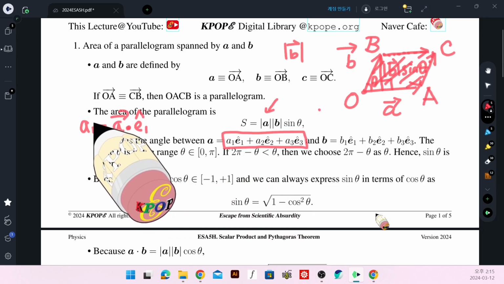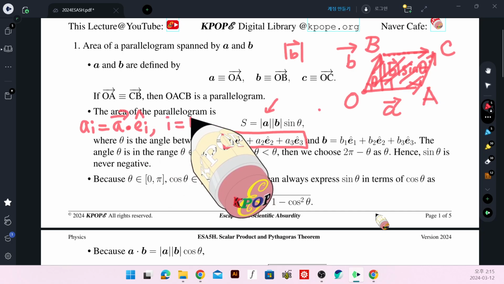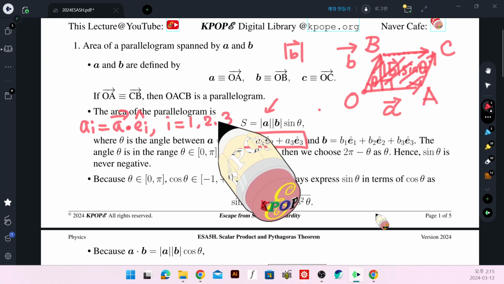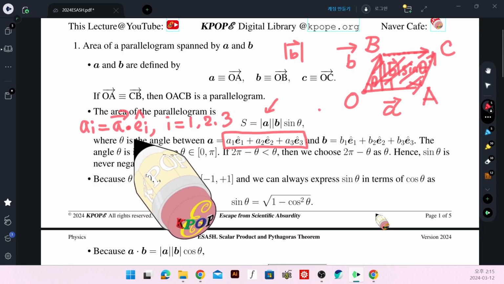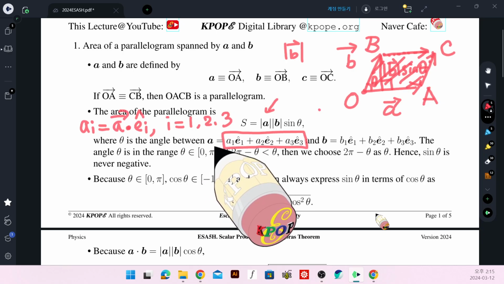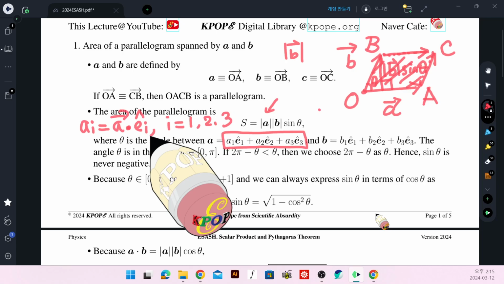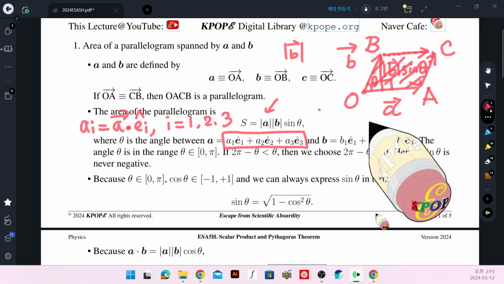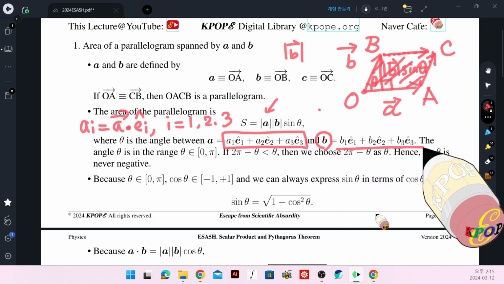So in this manner, 1, 1, 2, 2, and 3, 3. So for i equals 1, 2, and 3, any Cartesian component can be expressed as a scalar product between this vector A and the unit Cartesian basis vector. In a similar manner, I can express the vector B in this way.